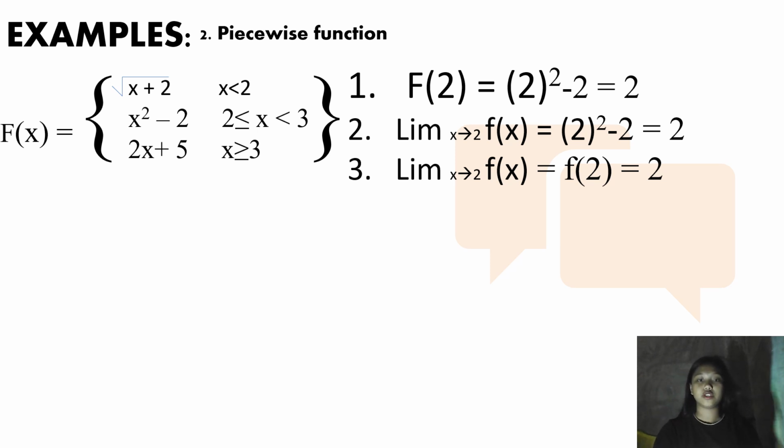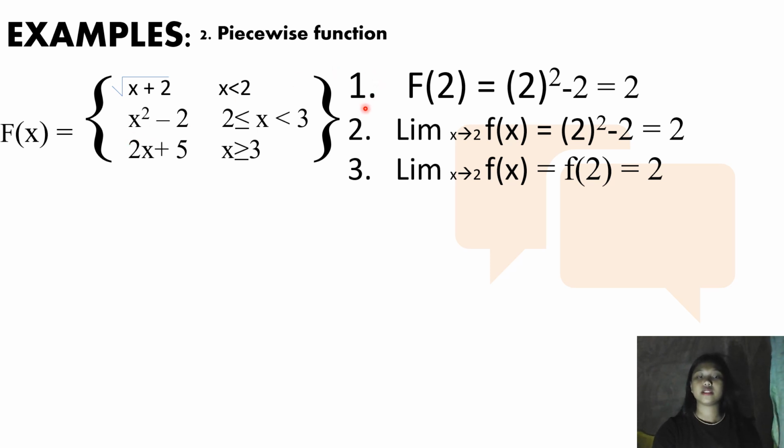But first, we must find x is equal to 2. The first thing we do is identify which function we will use, since it is a piecewise function. The function we will use is the second function, x squared minus 2.